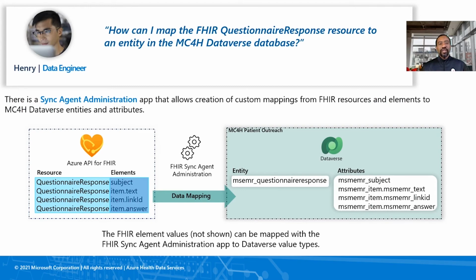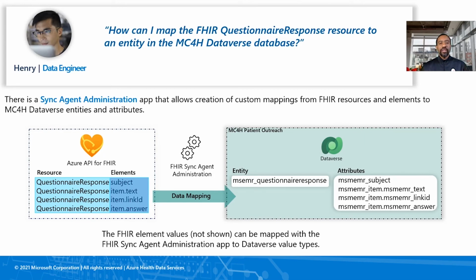This is just another example that actually drives a little bit further into what I've been talking about, which is how you actually take a specific FHIR resource, a specific FHIR entity or element, and then go through that process of writing the rules in the sync agent to map that to Dataverse attributes.